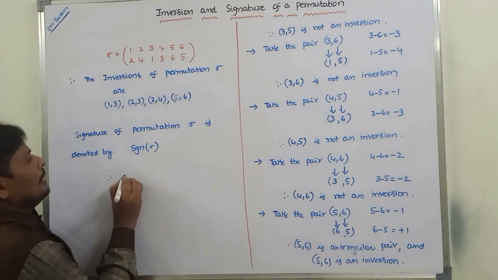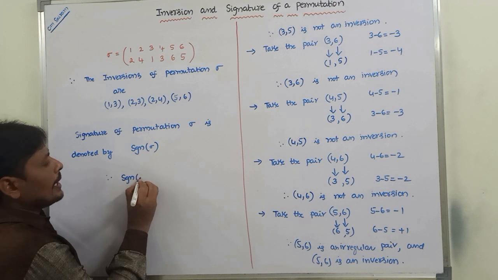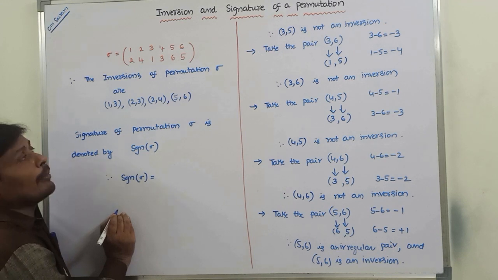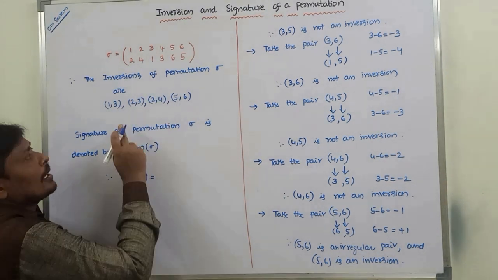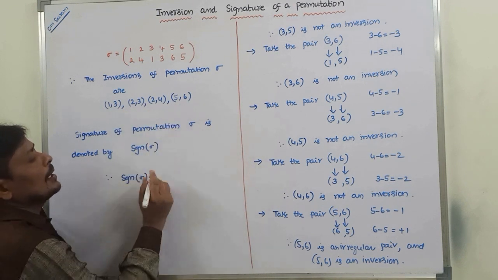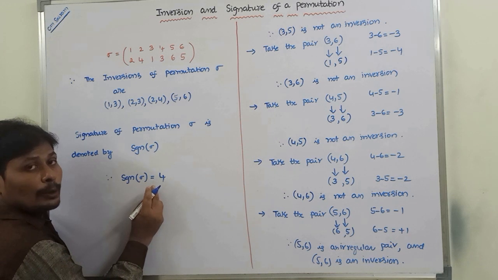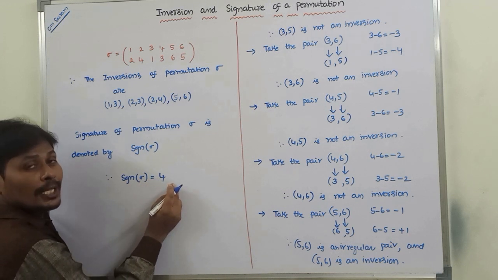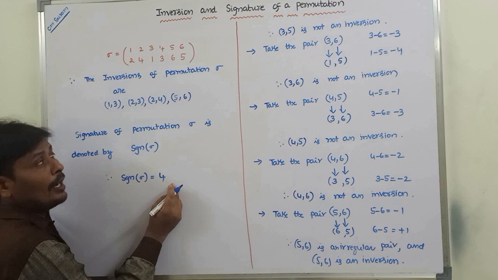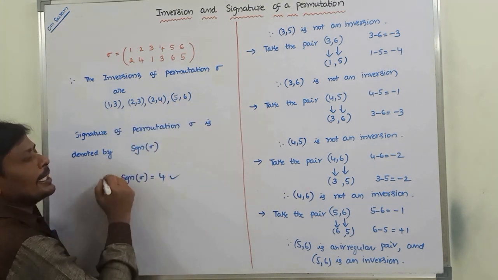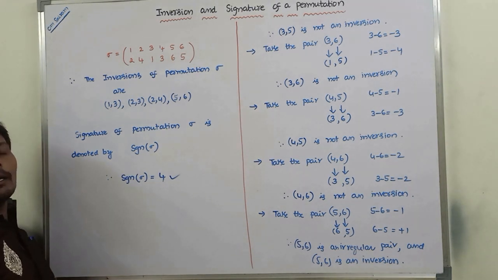So therefore SGN of sigma is nothing but the total number of inversions of a permutation sigma. How many inversions are there? 1, 2, 3, 4. So therefore signature of permutation sigma is equal to the total number of inversions of permutation sigma. That is 4. So in this way we have to find out the signature of permutation sigma.